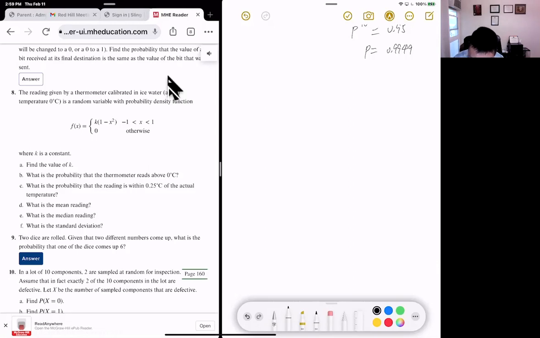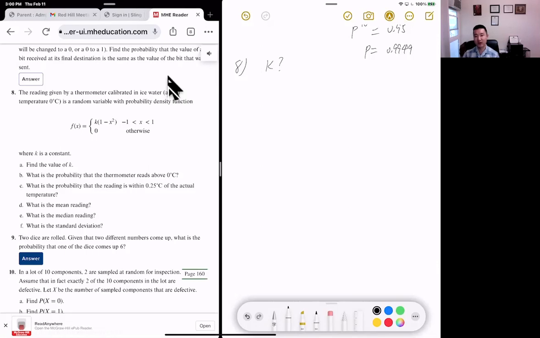Part A asks us to find the value of k. So how do we find the value of k? One nature of a probability density function: if we add all the possible outcomes together, it will equal what?